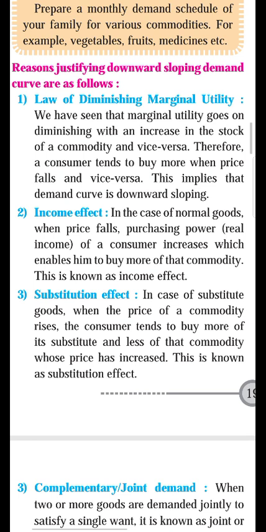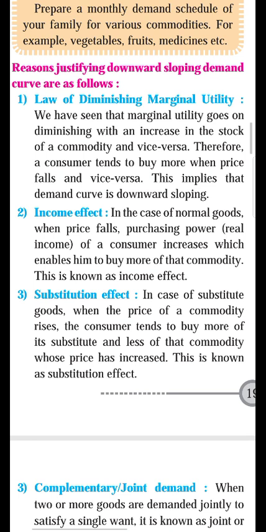Okay, today we will see what are the reasons that the demand curve slopes downward from left to right. As we have already seen in the previous video, price and demand have an inverse relationship, and that is the reason that the demand curve is downward sloping.